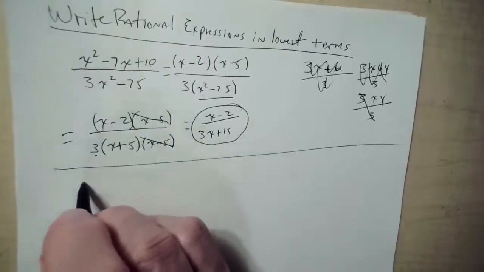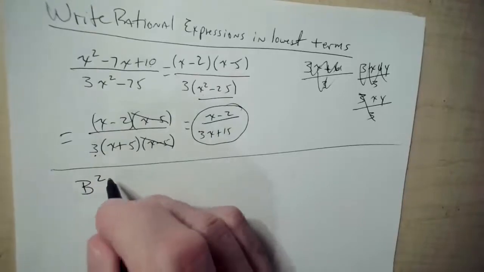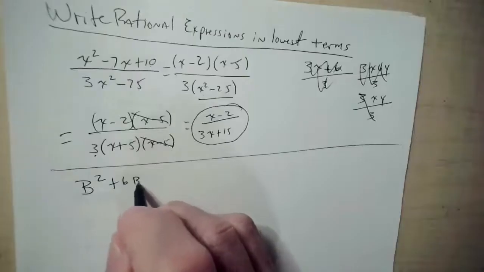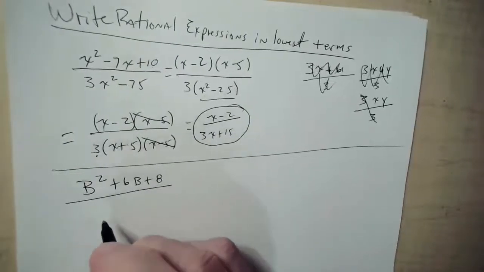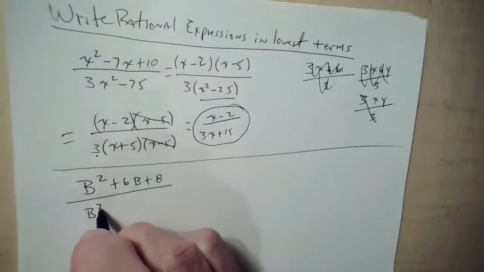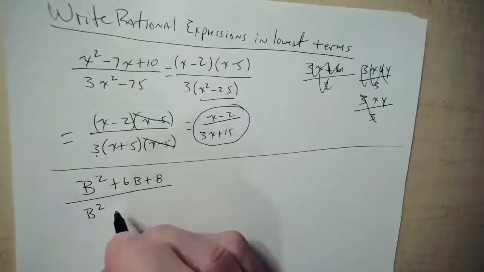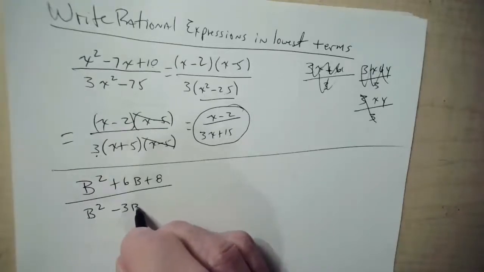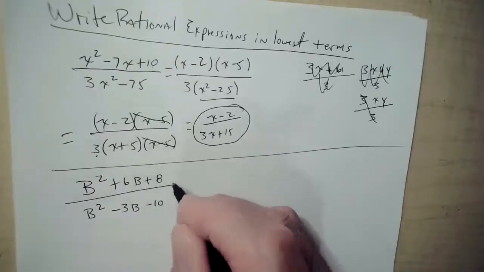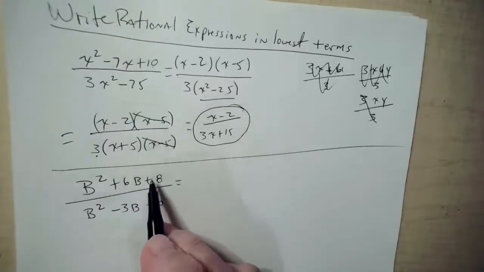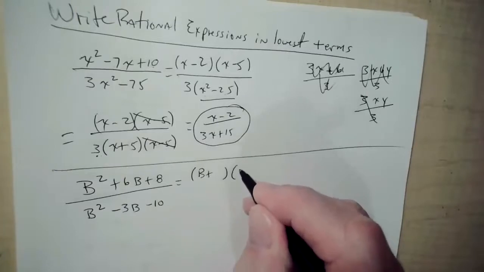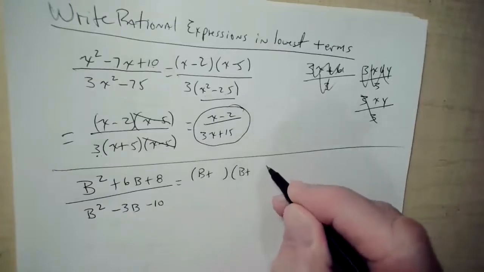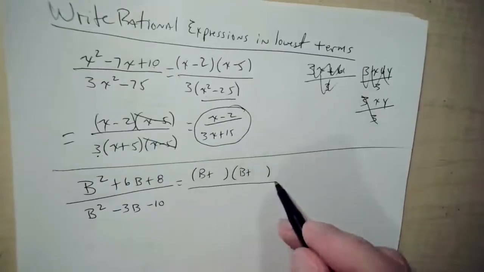Okay, let's do this one. b squared plus 6b plus 8 over b squared minus 3b minus 10. Now everything in here is positive, so it's going to be b plus something and b plus something over.